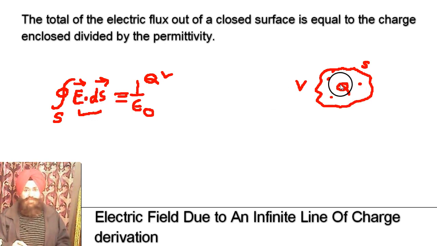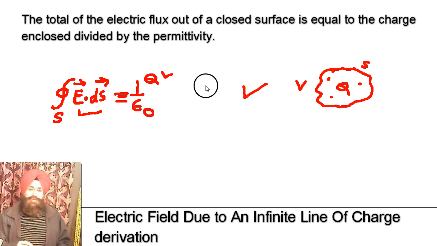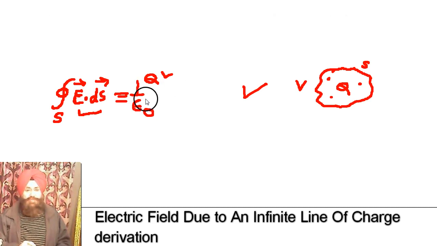Whatever the position of Q inside, no problem. The flux will be only 1 over epsilon naught times the charge enclosed. That's the Gauss theorem statement. Total flux is 1 upon epsilon naught times the charge enclosed.